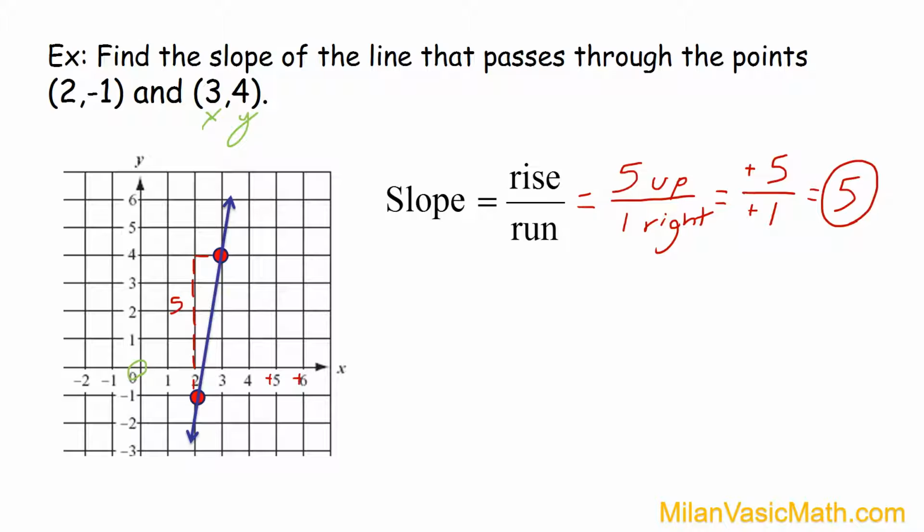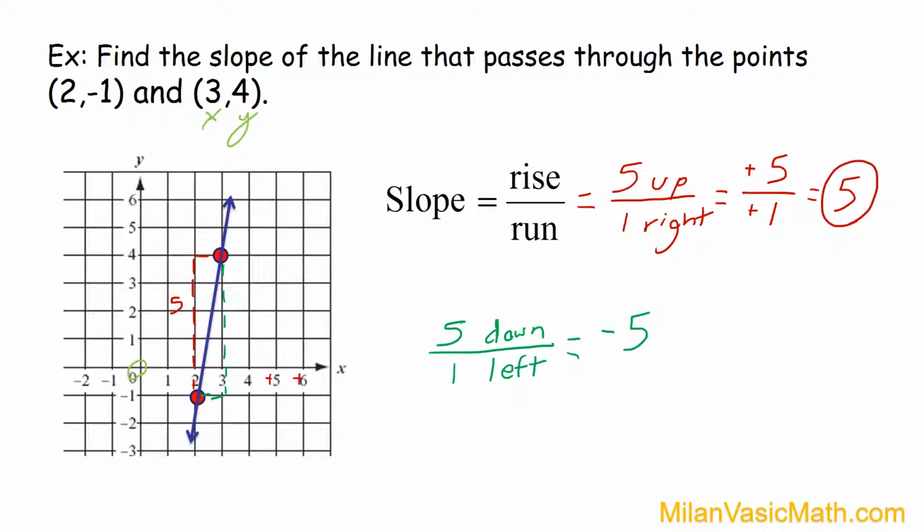If you started with the right point, the higher point, you would first have to go down 5 and then 1 to the left. So let's look at that. You would go 5 down and then 1 left. In the coordinate plane, down is negative.